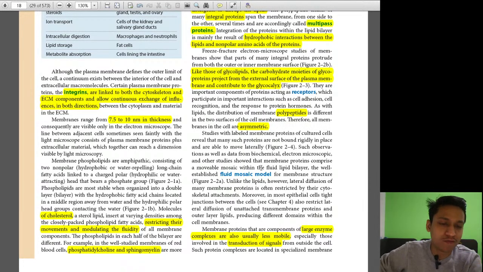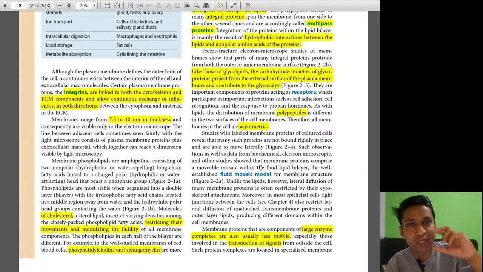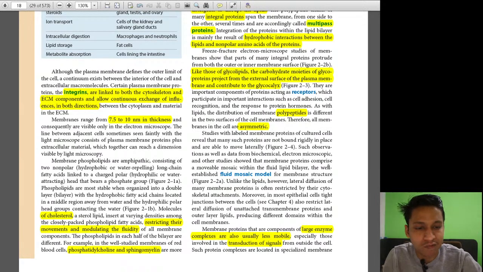The word fluid comes from the fluid nature of the lipid bilayer, with a polar, hydrophilic head, and the word mosaic comes from the movement of proteins, making this name, fluid mosaic model, for membrane structure.